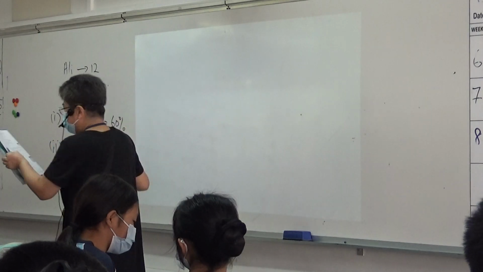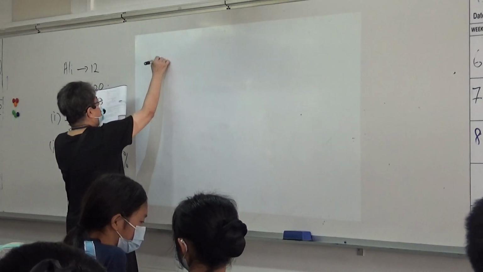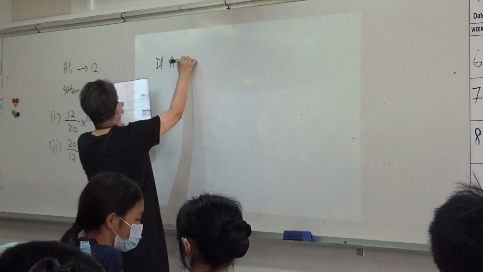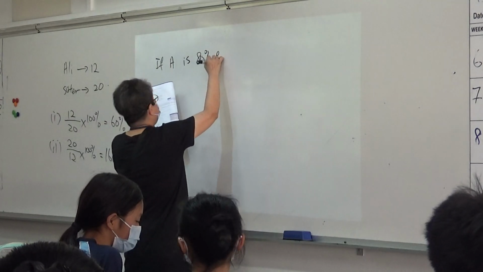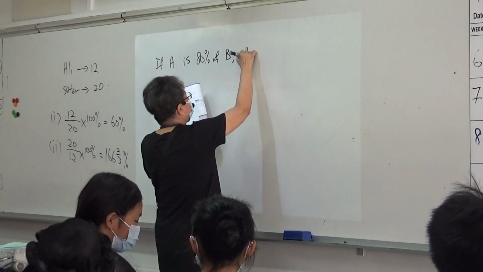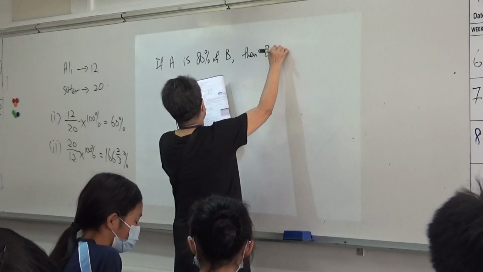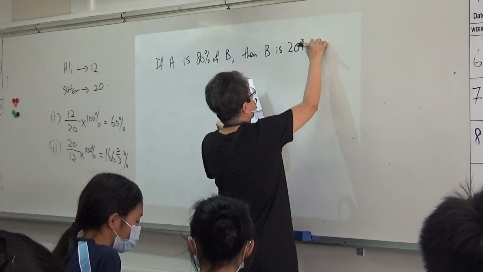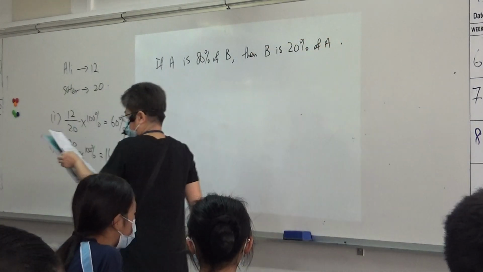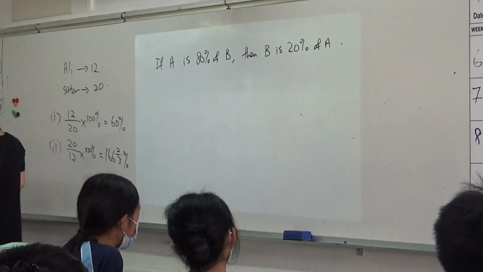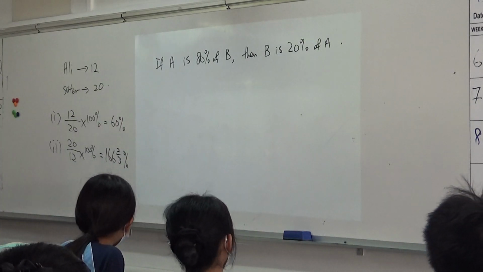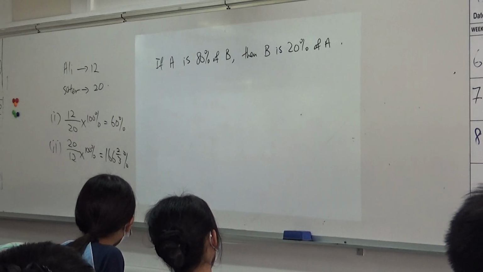Li Ting writes the following statement. If A is 80% of B, then B is 20% of A. Explain if you agree with Li Ting's statement.